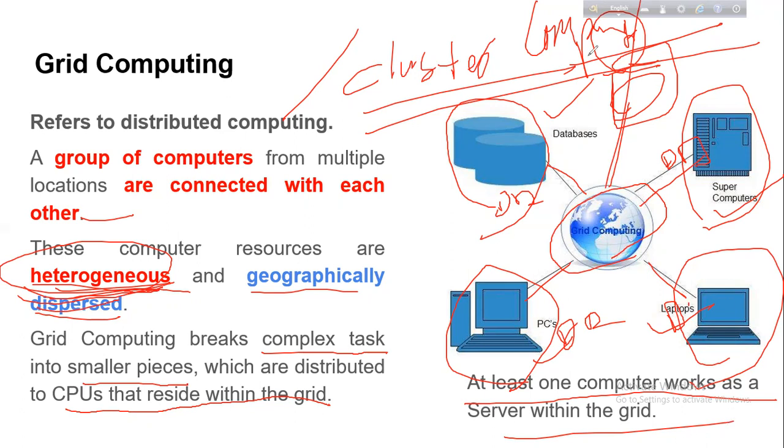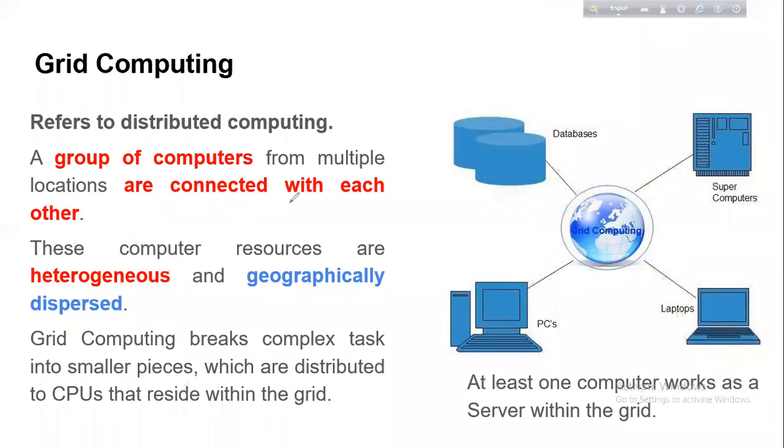So what we have seen just now are three technologies. The first one is virtualization. The second one is SOA, service oriented architecture. And the third one is grid computing.